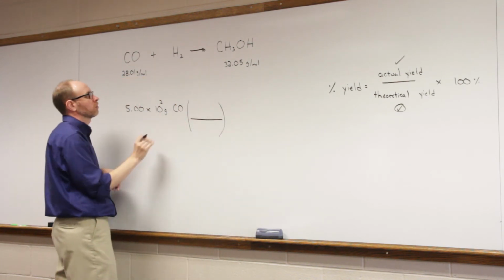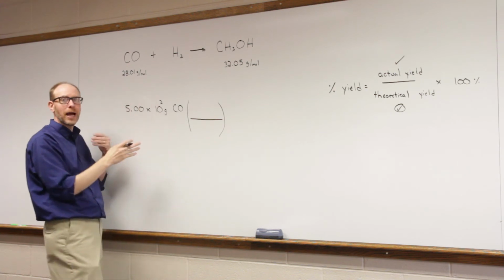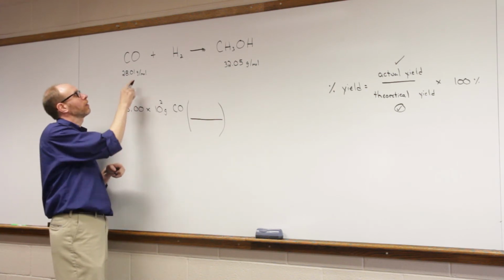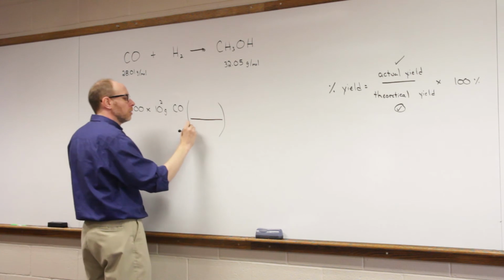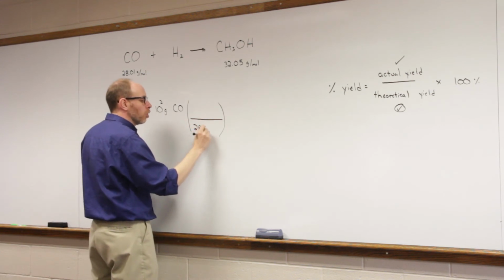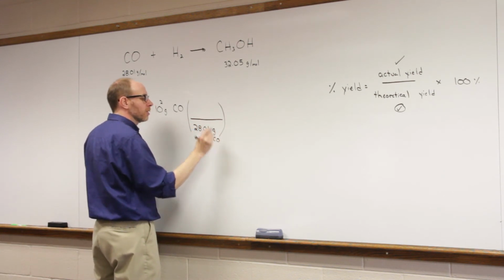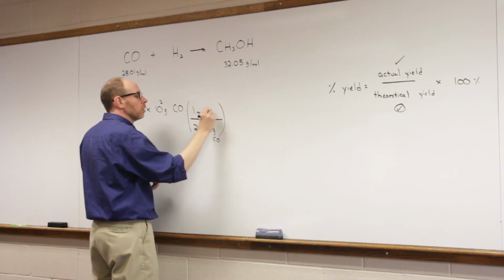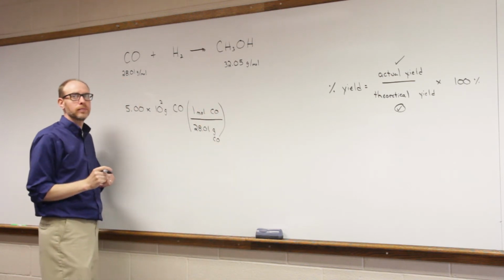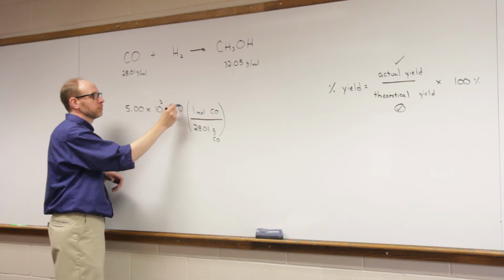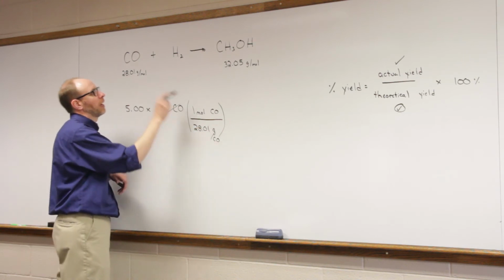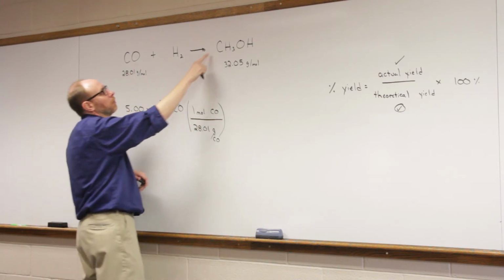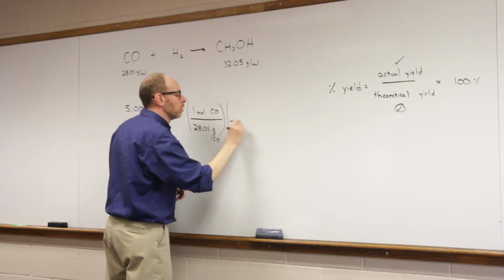We've got to get to moles of carbon monoxide. We're going to use the molar mass for that. I'm not going to walk through how to calculate it, but it's 28.01 grams of carbon monoxide in 1 mole of carbon monoxide. Now we've got moles. We can use the balanced chemical equation, 1 mole of carbon monoxide to 1 mole of methanol.